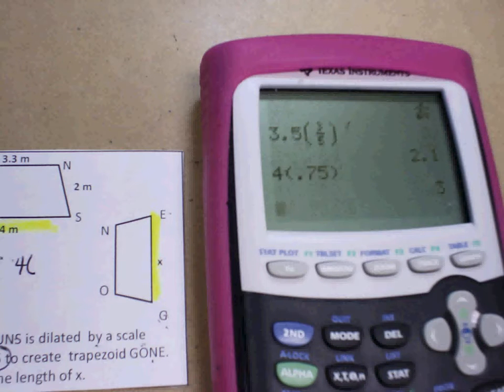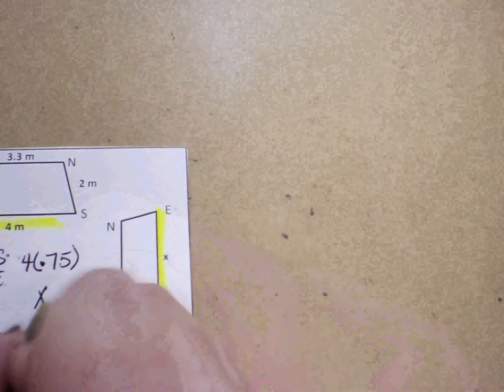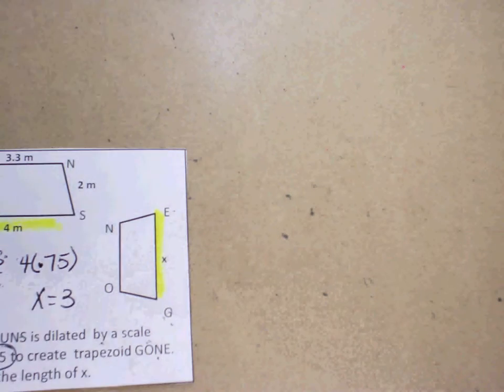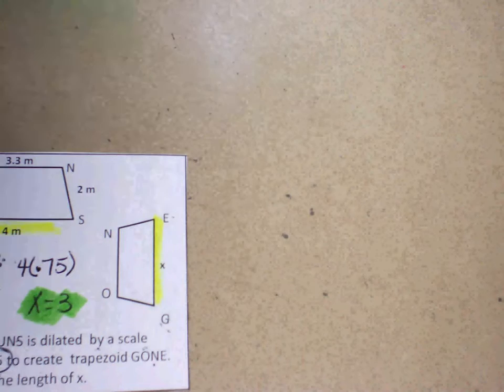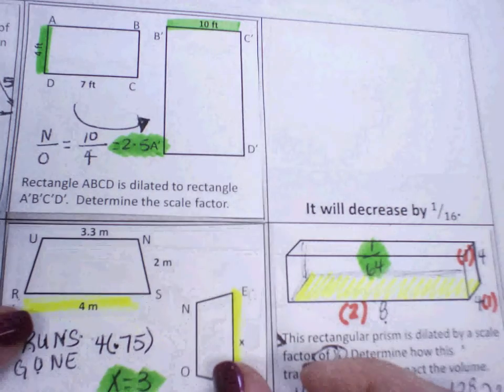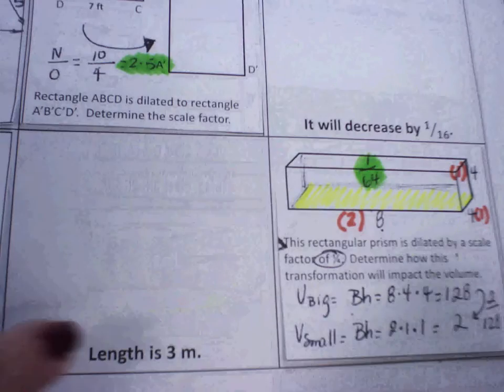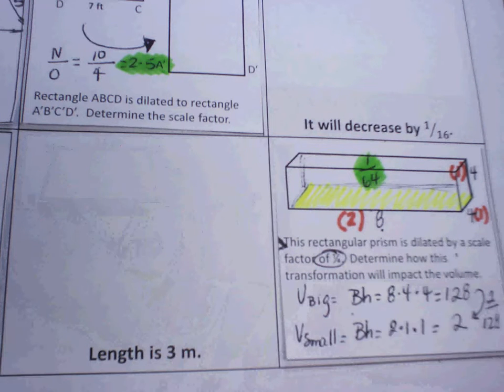All right, so we've got to determine the length of x. So what do we have to do with the 4? Multiply by what? Thank you, because that's the scale factor. 4 times 0.75, and that would be 3. So x equals 3. I don't see it in the front, so it has to be in the back.